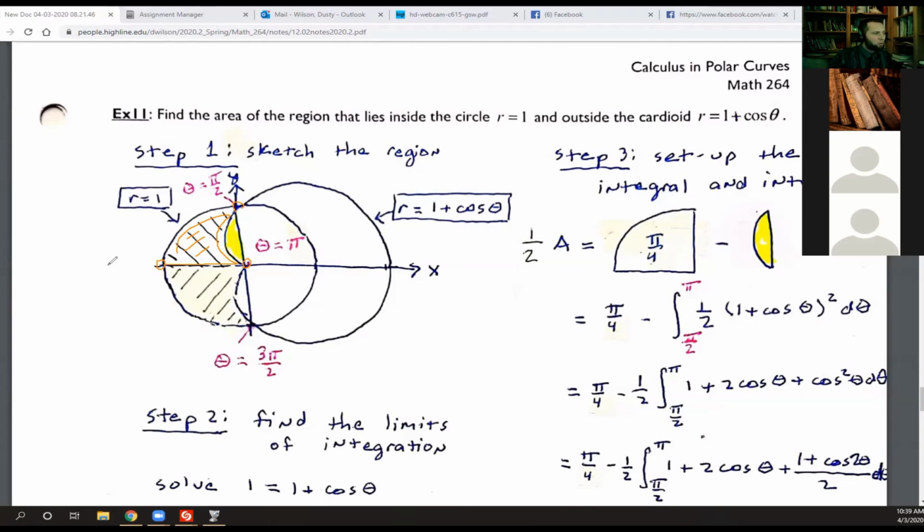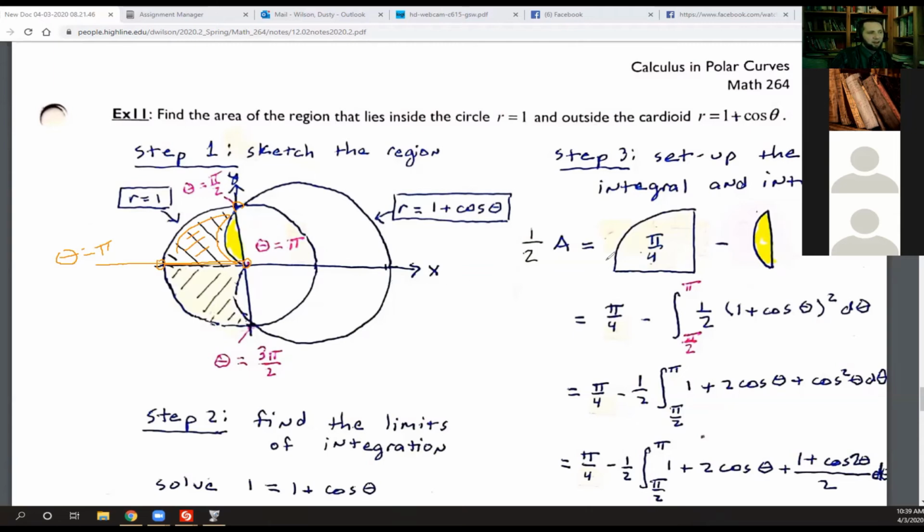So all these points along the negative x-axis all have the same theta value, theta equal to pi. And the point at the top, where the circle intersects with the cardioid, would be where theta equals pi over 2. And so by graphing, we can simply see what the two theta values are.